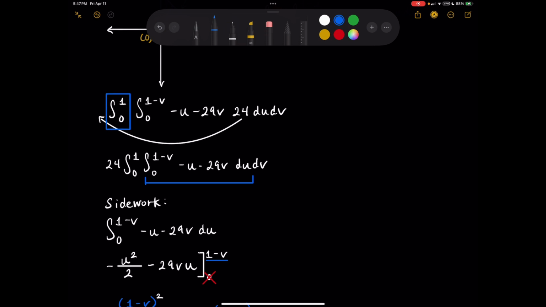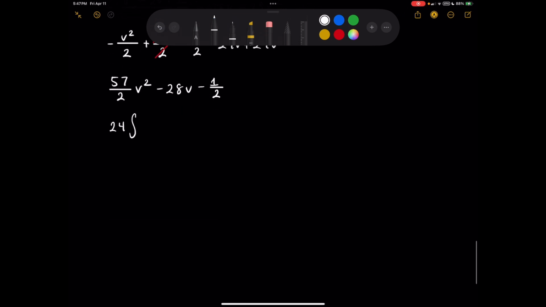So we're going to make this one here 0 to 1. And we're just going to put in the 57 over 2 v squared minus 28v minus 1/2. And I also got to put the dv on here, right?